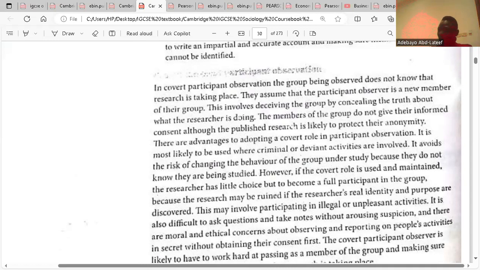You are there, observing in a natural scenario. A focus group is not natural; it's based on people's views about a certain topic. But participant observation is about observing people in their natural settings. Do you get it? Yeah.